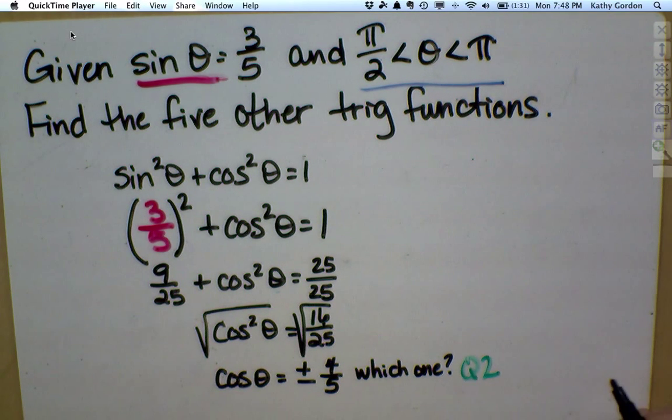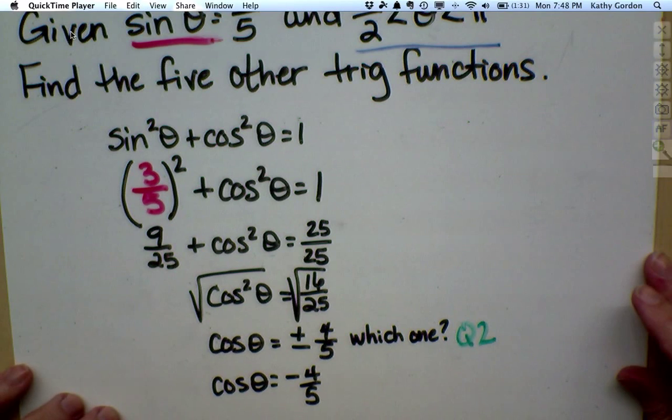And in quadrant 2, cosine is negative. So we know we should use the negative cosine value for that.